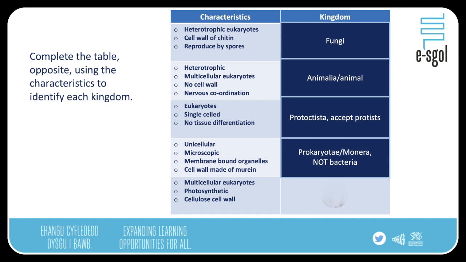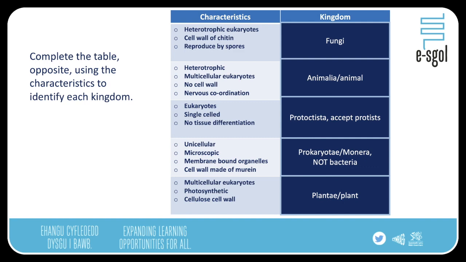The kingdom with the characteristics of multicellular eukaryotes, photosynthetic, cellulose cell wall, is Plantae, but the examiner will accept plant as an answer.